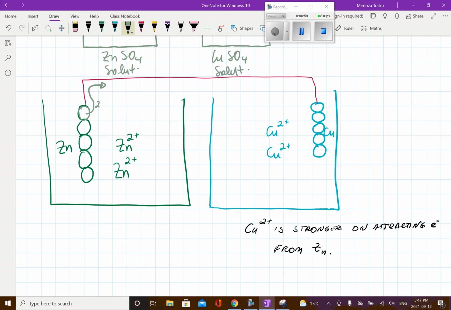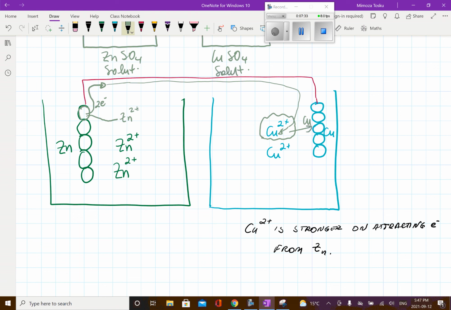So it is giving 2 electrons, and by giving 2 electrons, this zinc is now converted into zinc 2+. And the electrons flow through the wire and go to copper 2+. And as copper 2+ takes those electrons, it is converted into a copper atom.